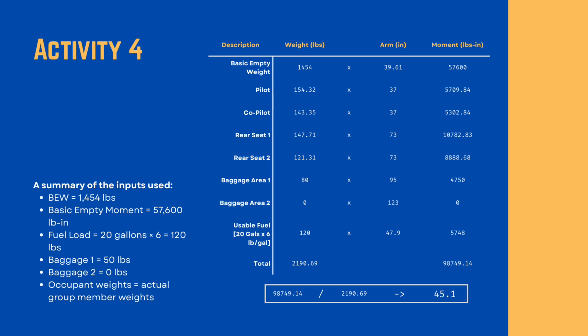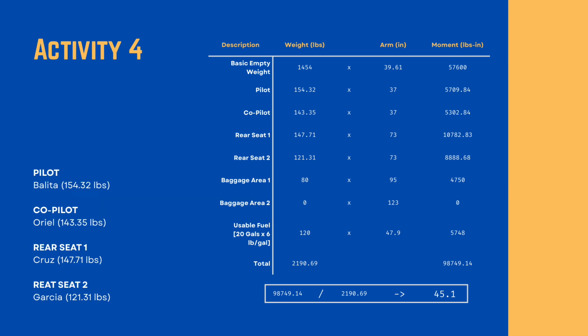For our activity 4, we computed the moment, the center of gravity, and the total weight of the aircraft, and we used the weights of our members. Balita is the pilot.